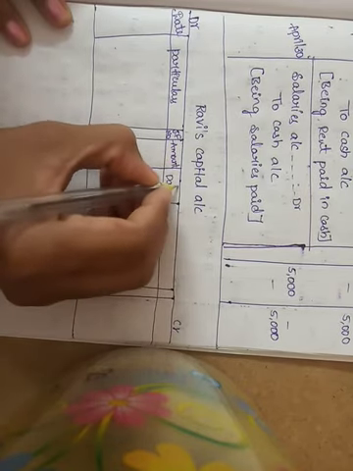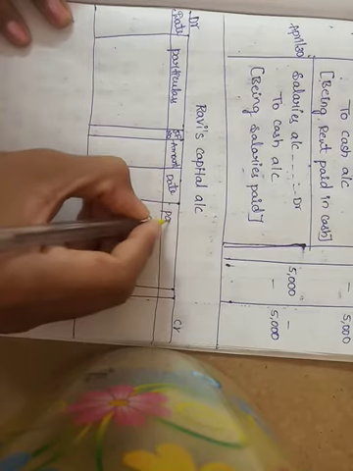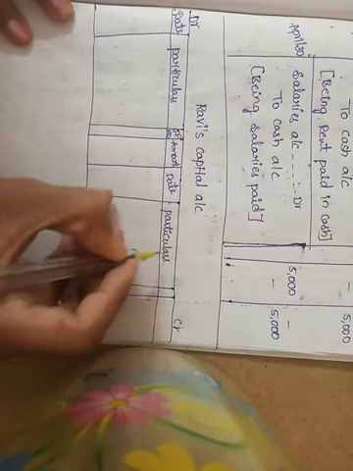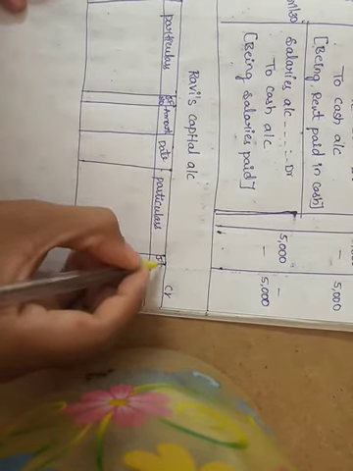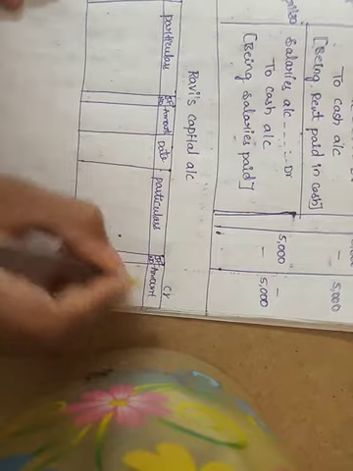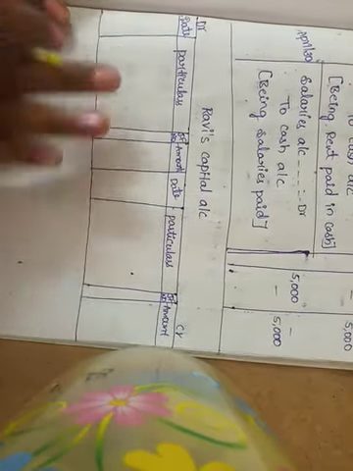Next, date, particulars, JF number, amount. Okay, you must write this pro forma.